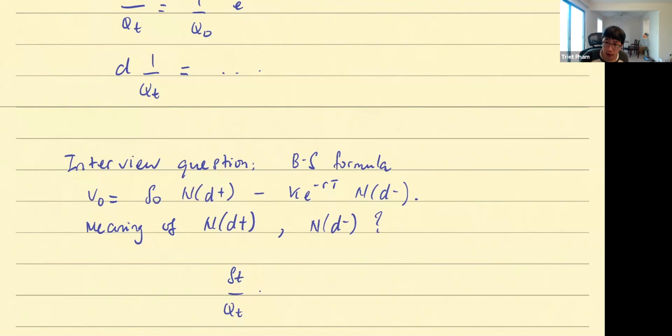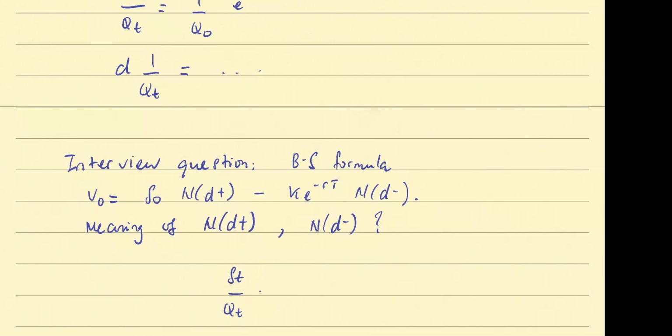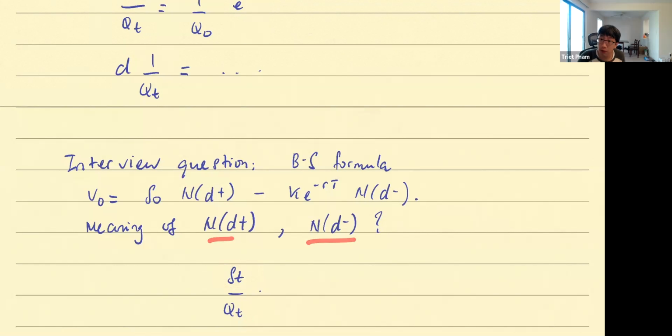So a hint is that obviously, you refer to this as normal something, so it's some kind of probability. You should at least get that much. So the meaning obviously refers to the probability of what? The moment you nail that down, you answer the question.